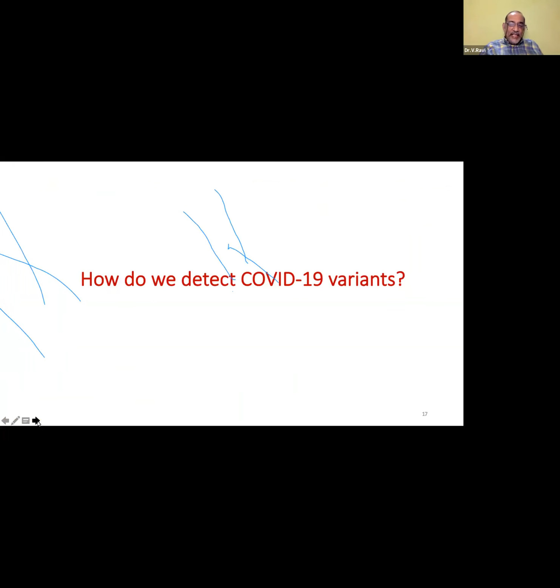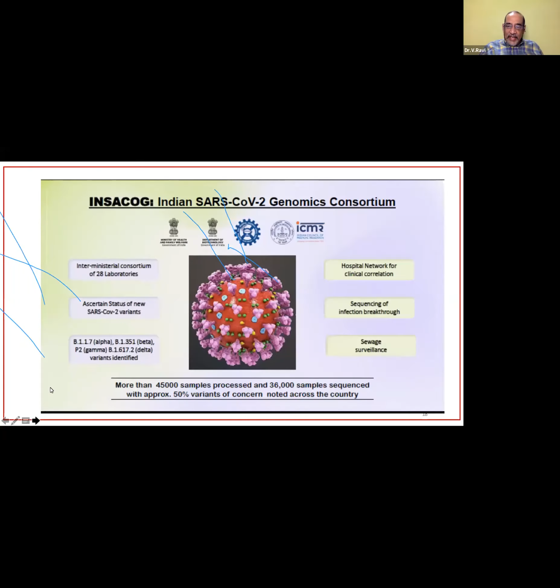Okay, how do we detect COVID variants? It is by sequencing. As you all know, India has formed a consortium of genomic labs. It's called Indian SARS-CoV2 Genomics Consortium. It is supported by Department of Health and Department of Biotechnology.